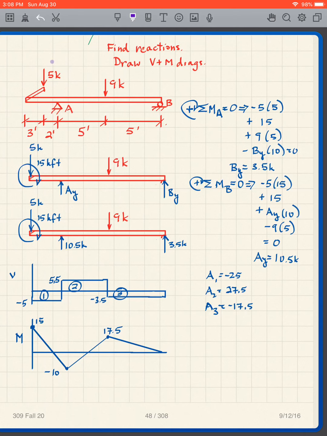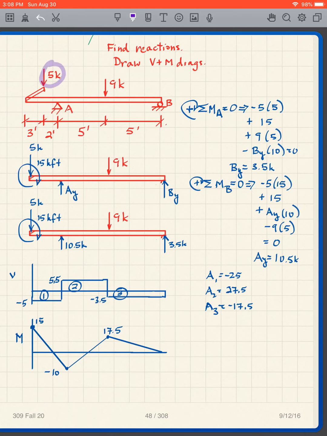And then the 5 kips gets translated to the bolt. That's where. And then I have the 9 kips here. So we have this free body diagram. And if you want to see how the reactions are obtained, you can read this. So you should be able to do that.